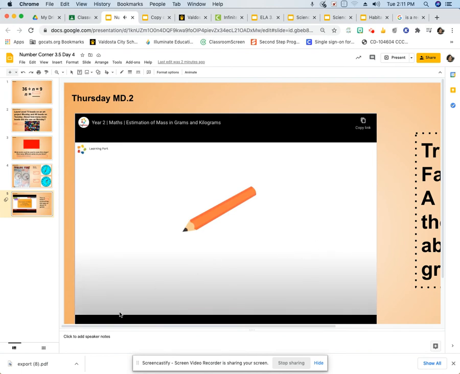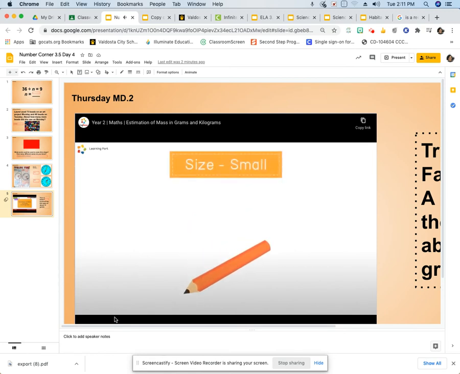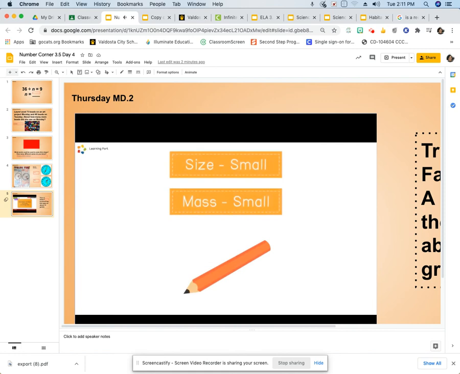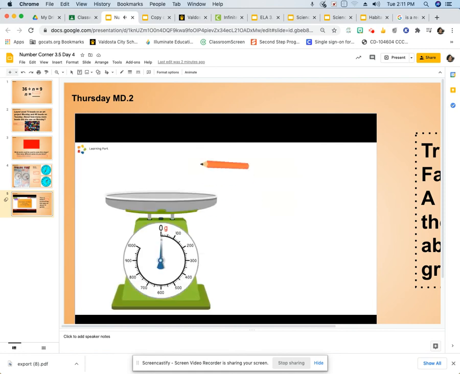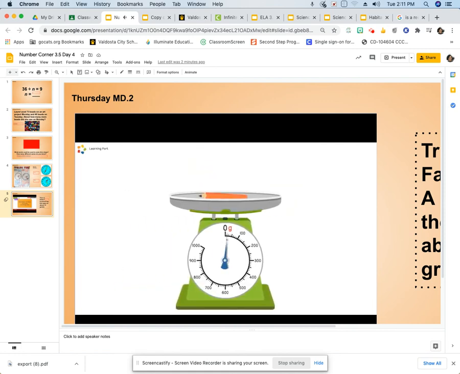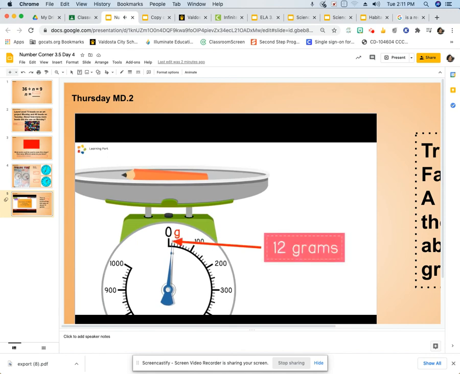Remember, always look at the size of the object to estimate. Normally, objects with a small size have a small mass. Let's weigh the pencil on the weighing scale. Its mass is 12 grams, which is close to 10 grams.